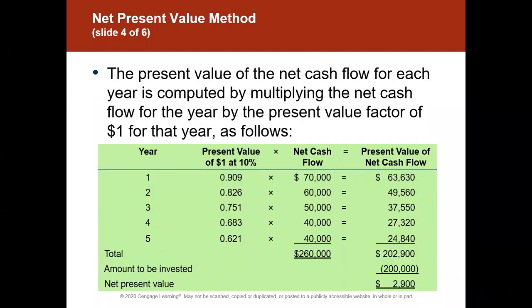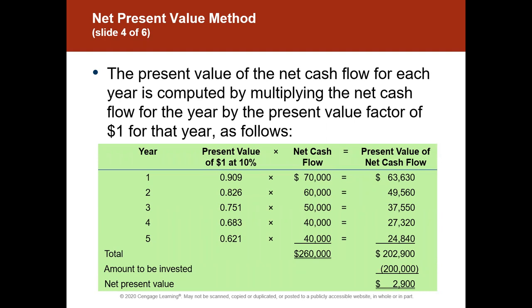So what we do, to find the net present value, is we find the present value. For year one, it's the present value at 1 year, 10% gives us the factor. So the present value of the first year's cash flows of 70,000 is 63,630. In other words, if we had 63,630 and we could earn 10% on it, it would turn into 70,000 by the end of the year.